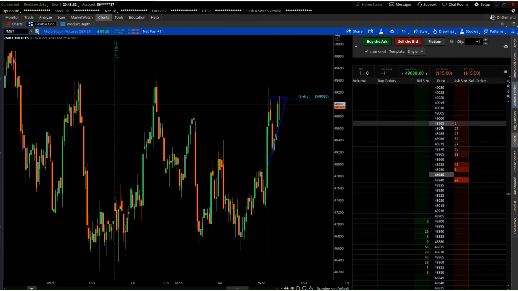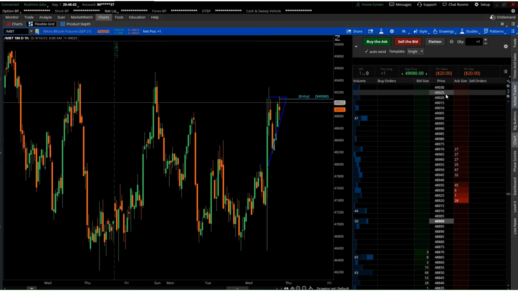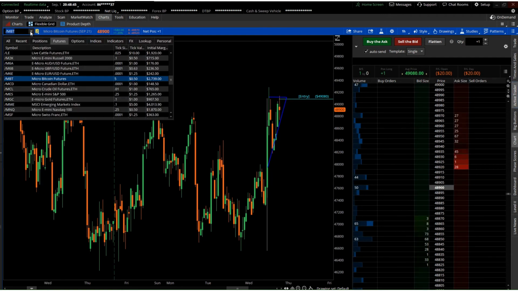So here it ends at 9.5, then it goes up to 0.0, 5, 10, 15, 20, and so on. So each one is a 5-point tick, okay? And each point is 50 cents. But there's a twist, because you're not trading 1 Bitcoin, you're trading 5 Bitcoins per contract. So that's why you have a 5 there.